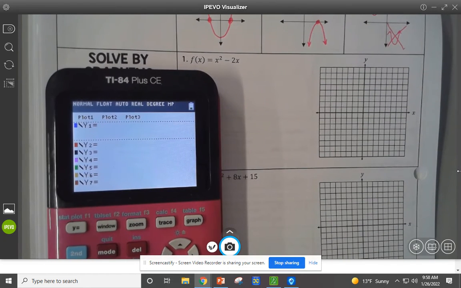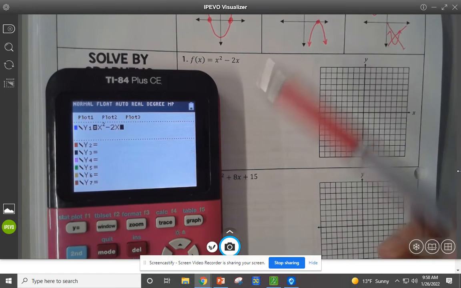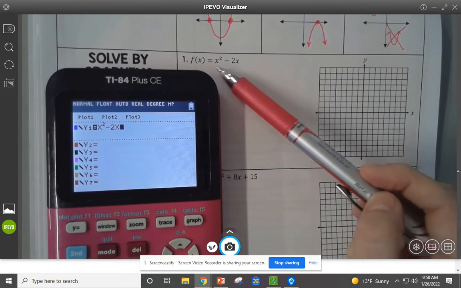And you're going to type in the equation on number 1, x squared minus 2x.